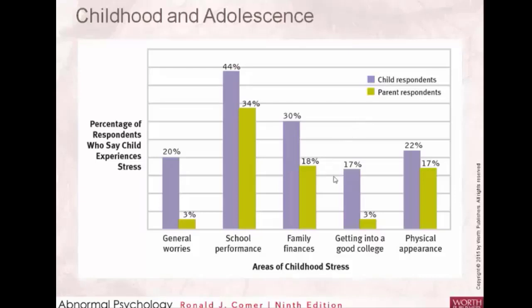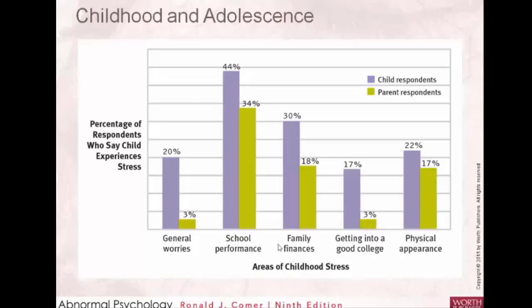So for example, 17% of the children and adolescents who were surveyed reported worrying about getting into a good college, but only 3% of parents reported thinking that their children were worrying about getting into a good college.